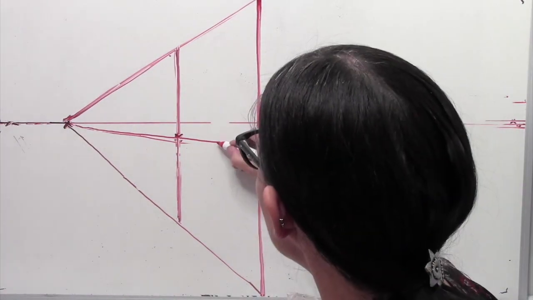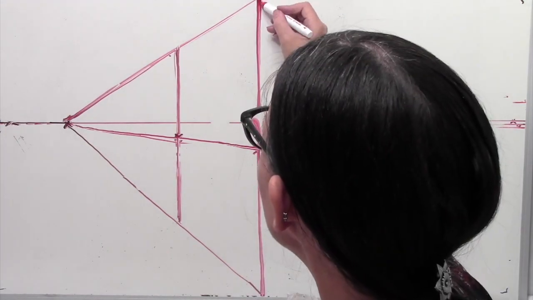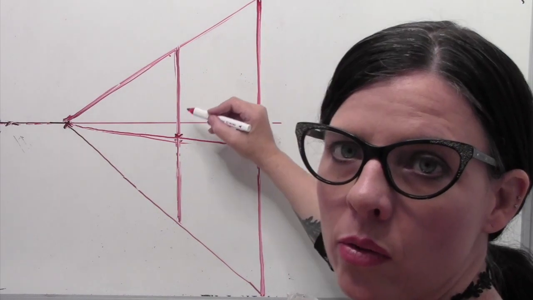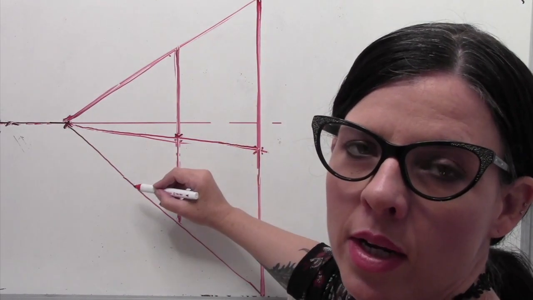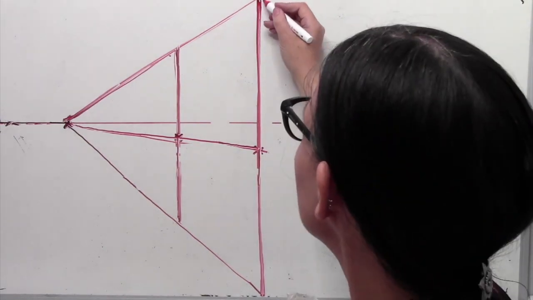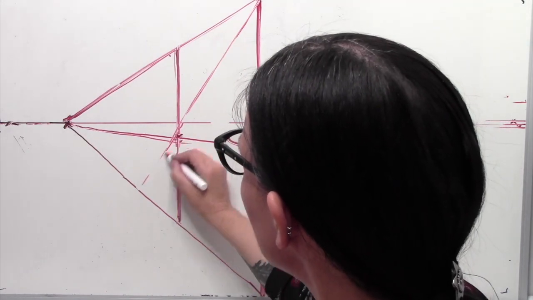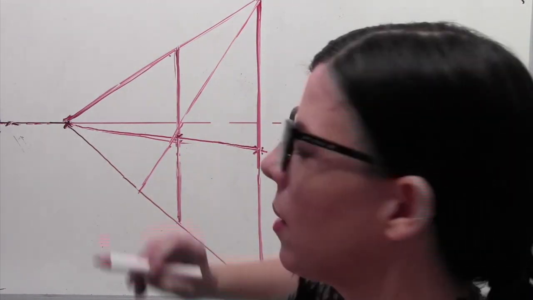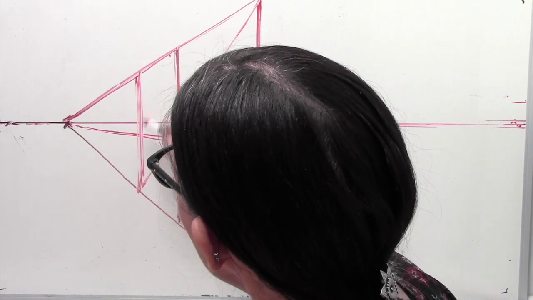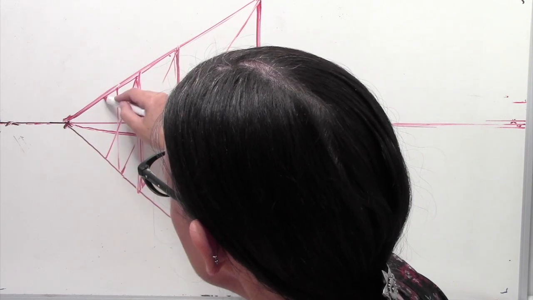Using my fence post method, I can go from one corner through the center, and then I'm going to intersect with this bottom line. So let's give that a shot. And then I'm just going to repeat that process.